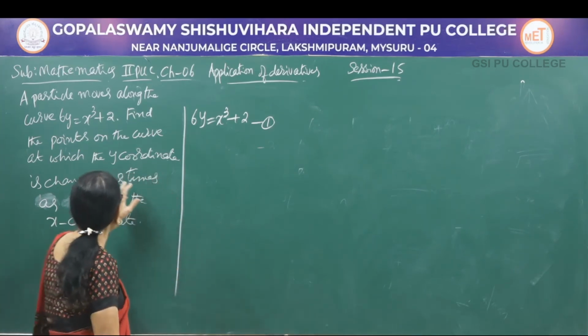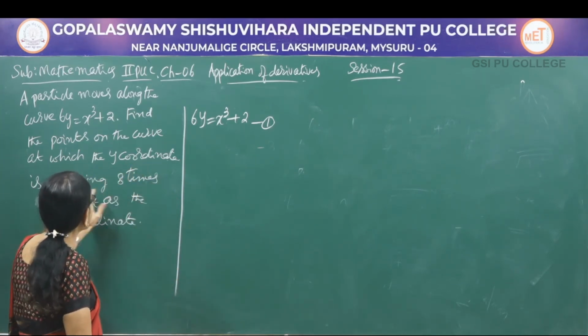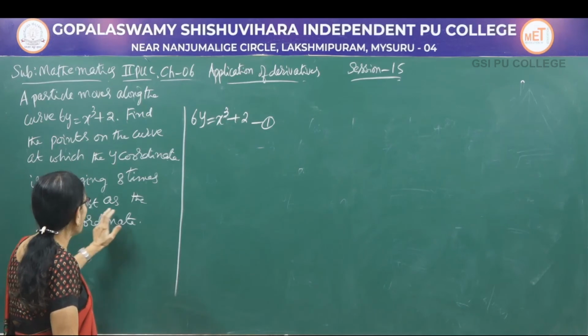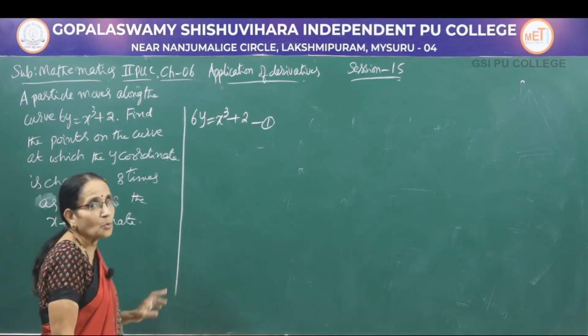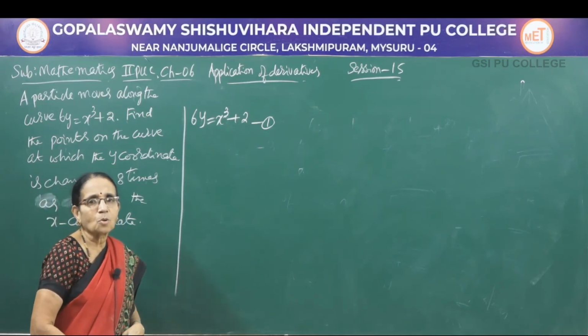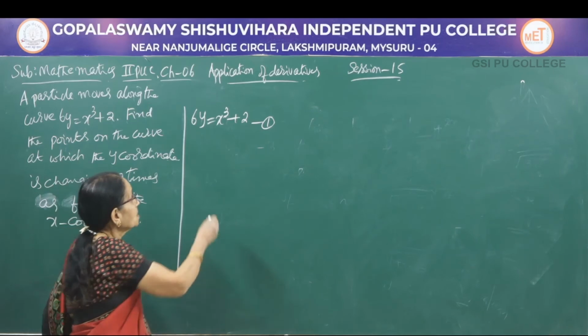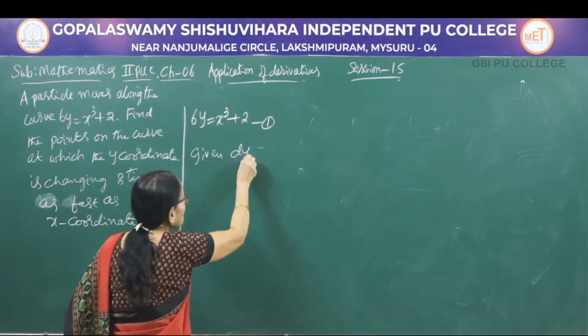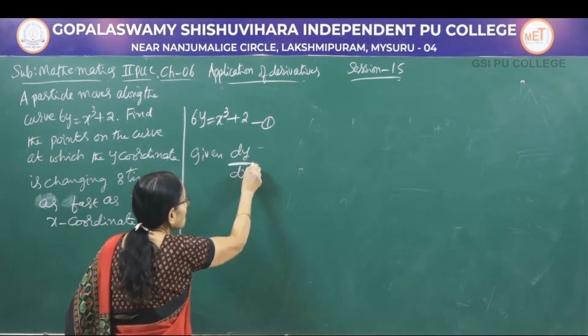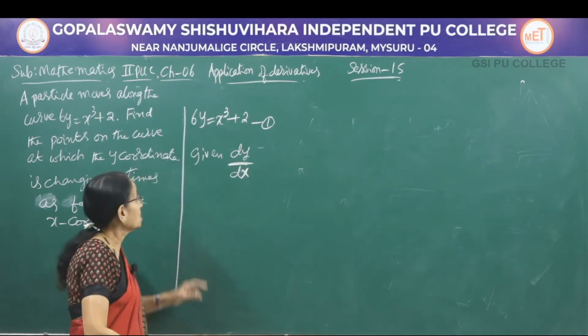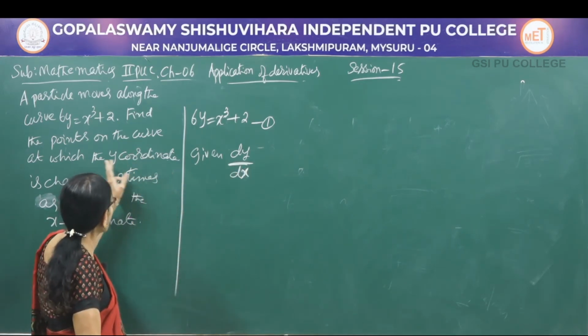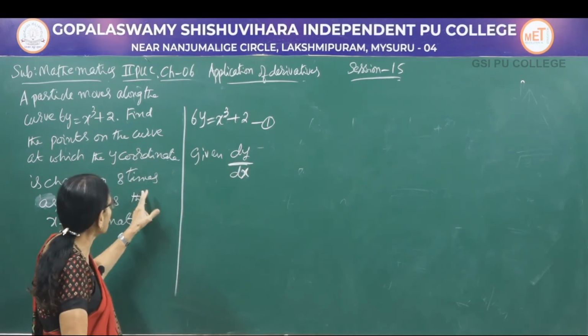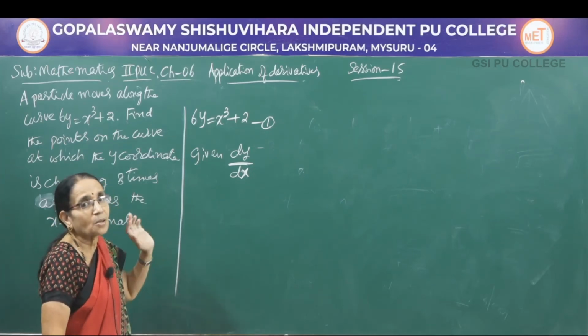Here what is given, see, the y coordinate is changing 8 times as fast as the x coordinate. Y coordinate means y, x coordinate means x. See, what is the data that is given? Given dy by dx here. The y coordinate is changing 8 times as fast as the x coordinate.